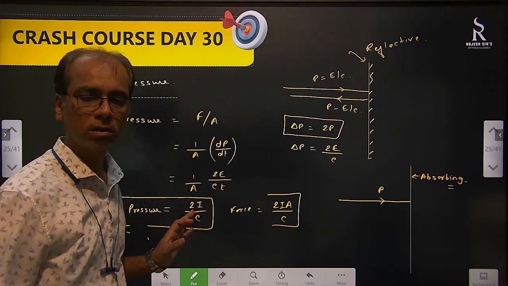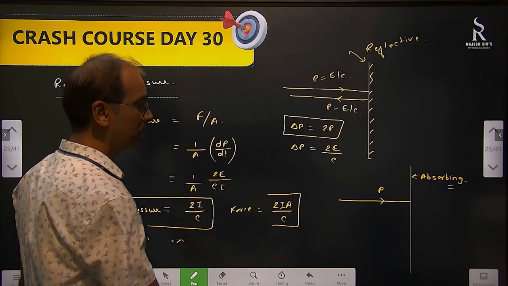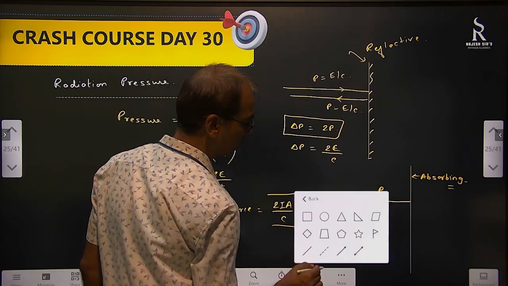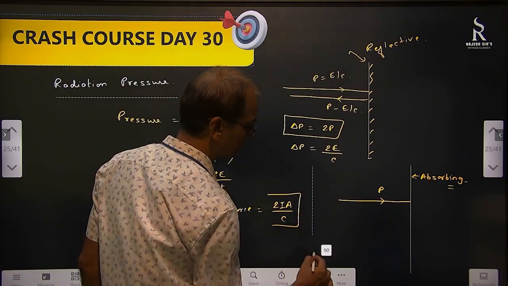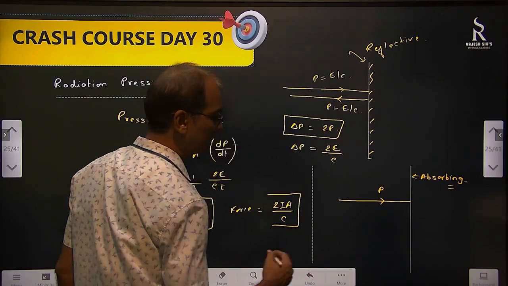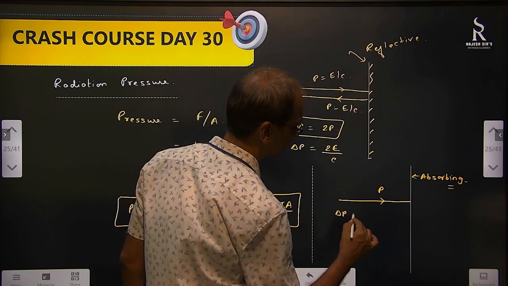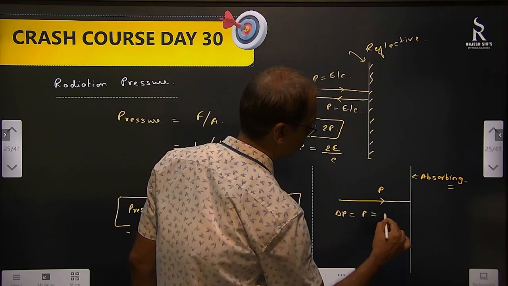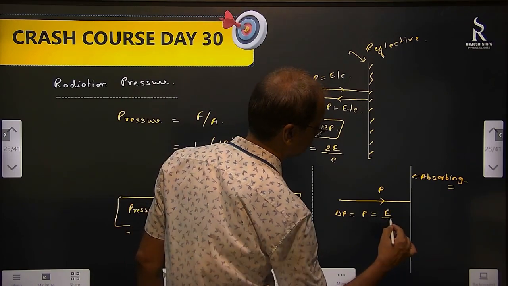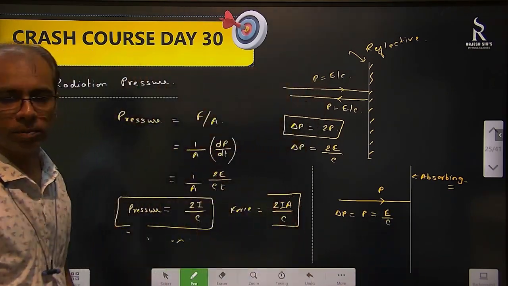So in return, there is nothing. So that means change in momentum is what? P only. In this case, delta P is P. That means E by C. Delta P is E by C.